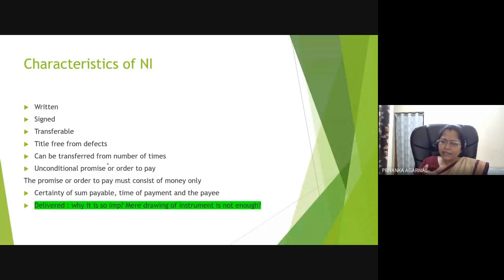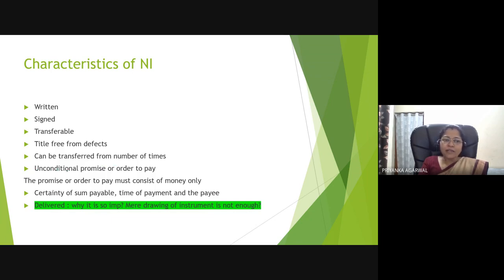This is again a calculable description of the money. One can easily calculate on what date it was issued, on what date the payment is to be received, and the rate of interest, and then the amount plus interest can be added. So it is again money only, and that is a valid negotiable instrument.